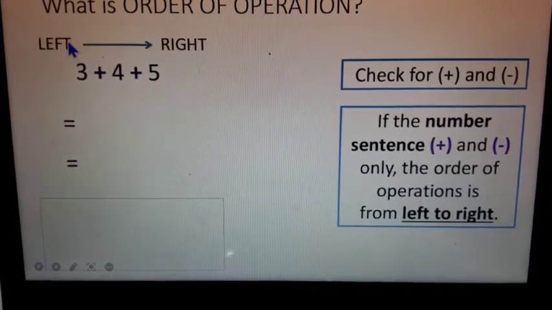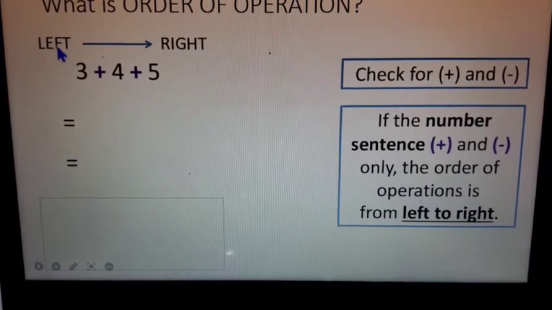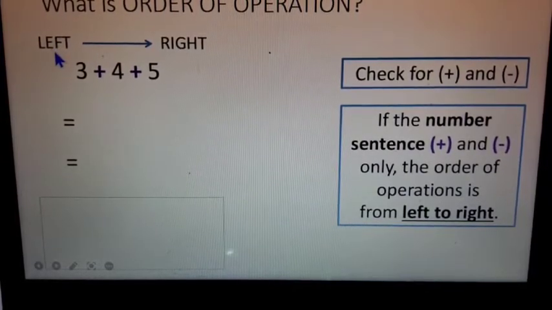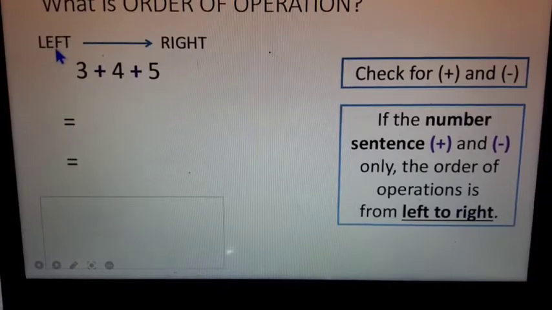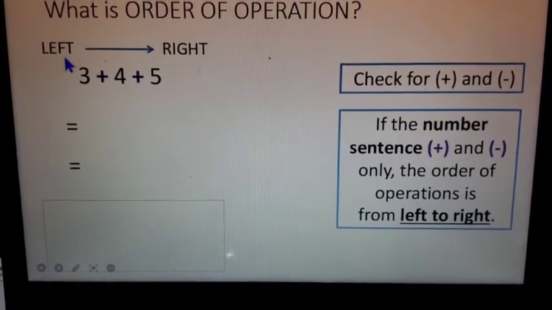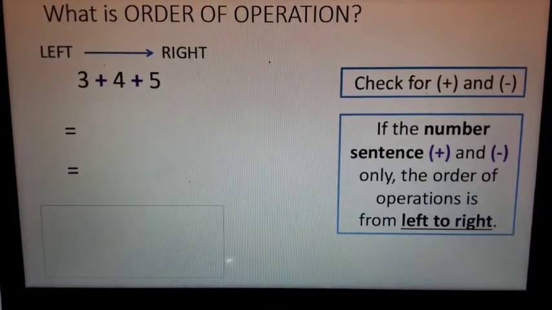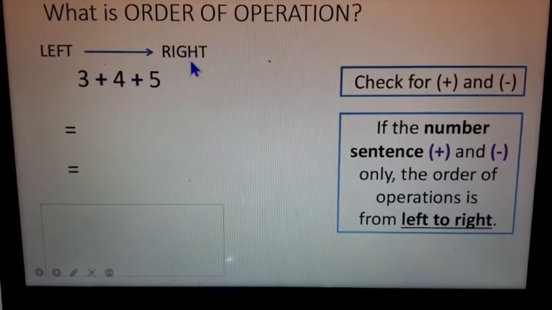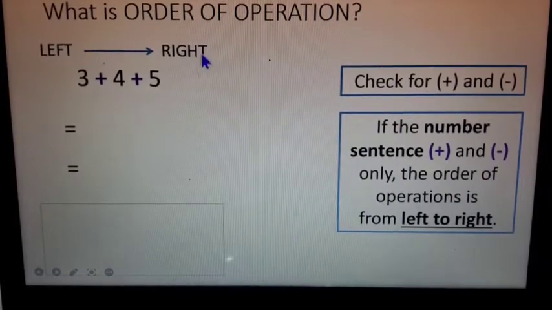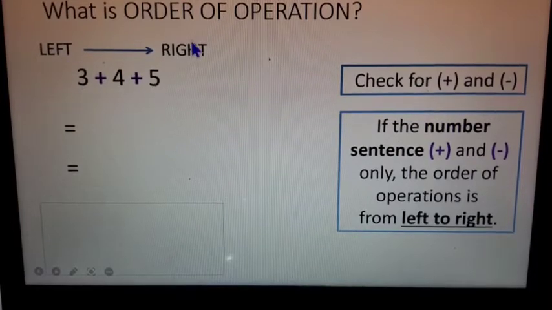Maksudnya, okay here. Now, where is your left? This is your left, right? Okay, kita ikut tangan kita ya, yang facing to the screen. Now, this is left and this is our right, isn't it? Tangan kanan kita. So, what I mean by from left to right is, kita selesaikan dari kiri ke kanan.